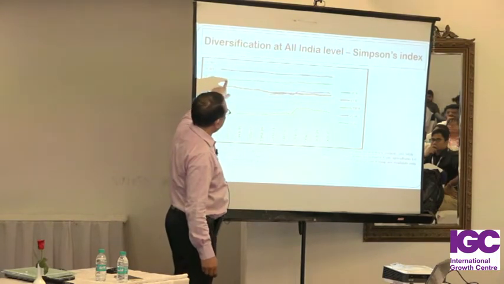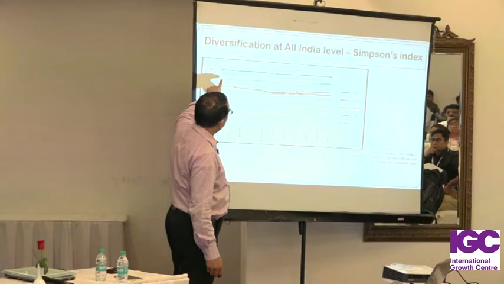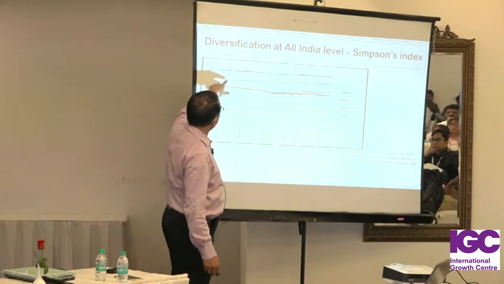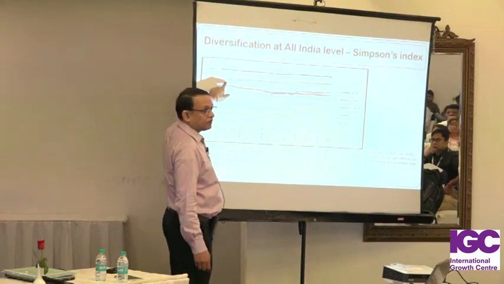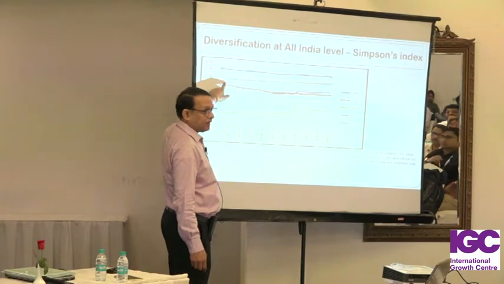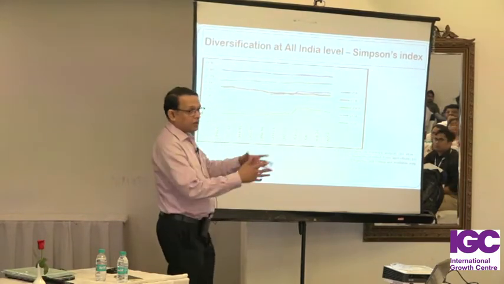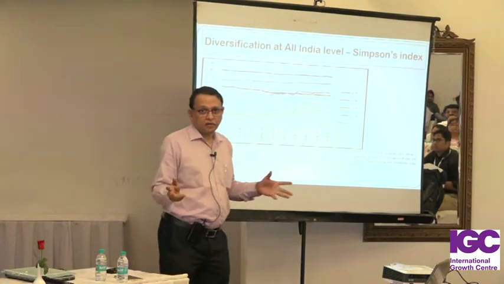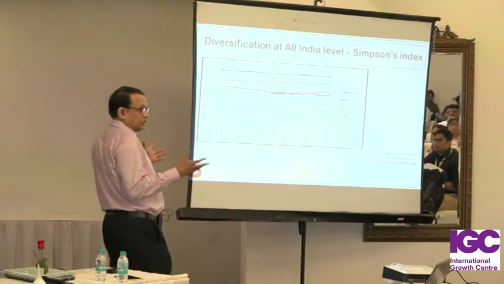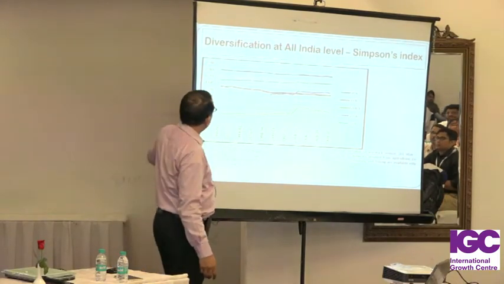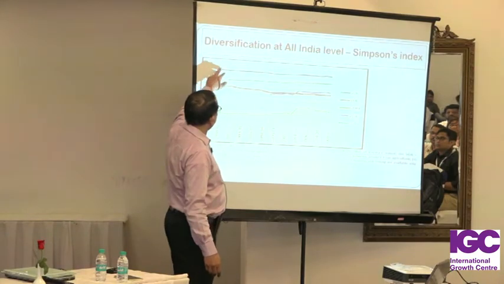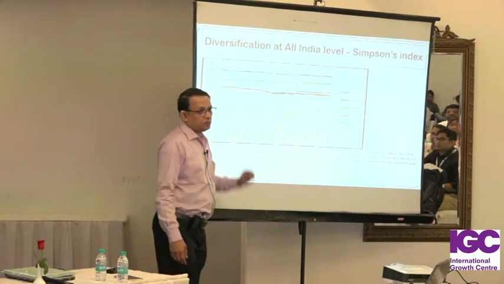This is for crops, and this is the extent of diversification in the cropped area, that is, how much land is allocated to different crops and whether that shows significant diversification or not. And then you find the crop output also.